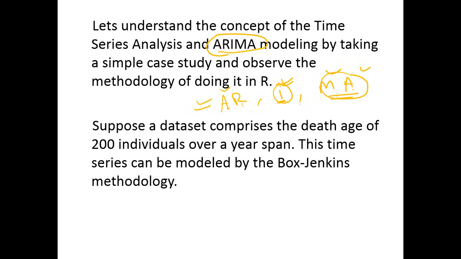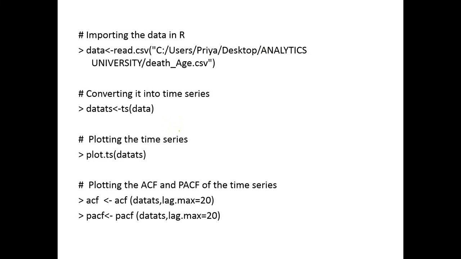This is a data set with the death age of 200 individuals. So this is sort of a time series model. How do you do it? First, take it in, do the plots, and see if there is a pattern.